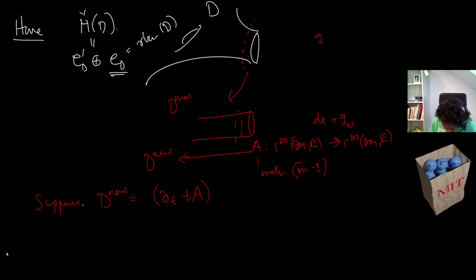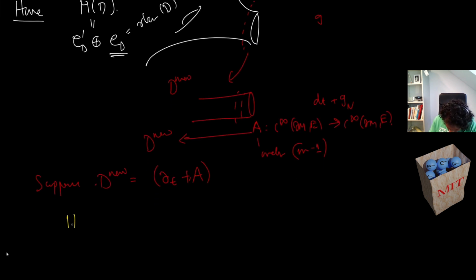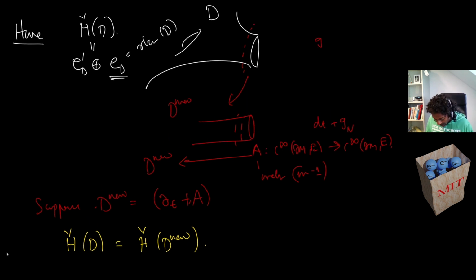And then I can say something like H check of D is actually equal to H check of D nu. So if such an assertion can be made, then I am able to really understand and dismantle this check space on a more complicated geometry in terms of the check space of something that is much, much simpler, right?